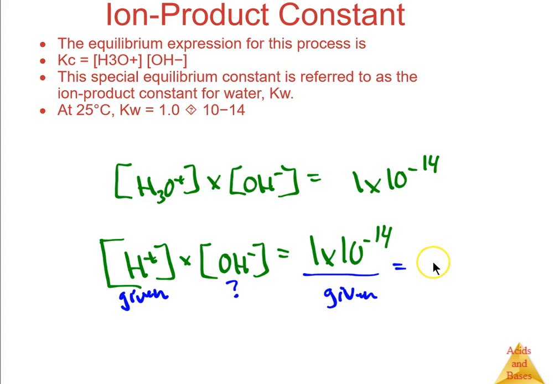And that will always tell you what you want. Now, this 14 isn't a random number. You may recall that the pH scale goes between 1 and 14. It absolutely has to do with this exponent right here.